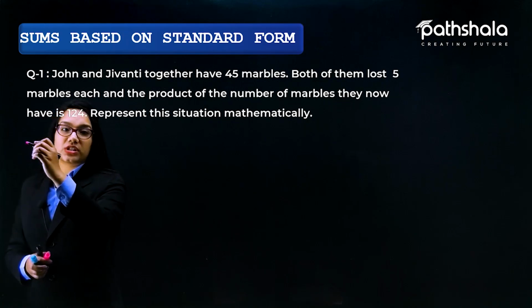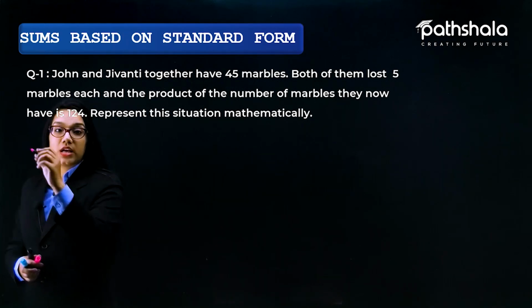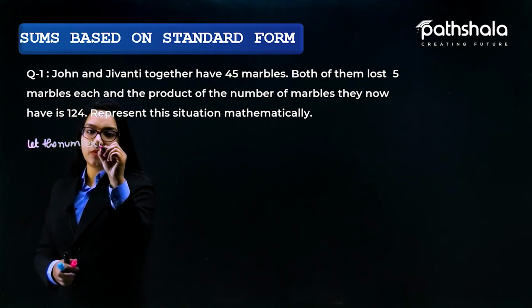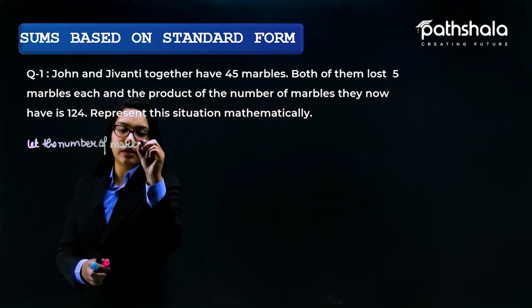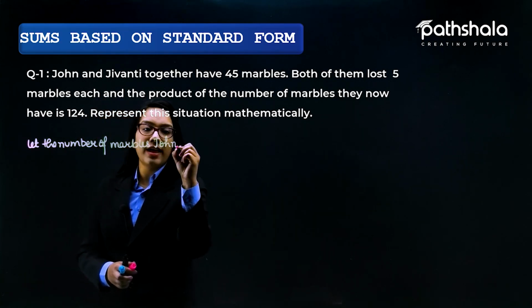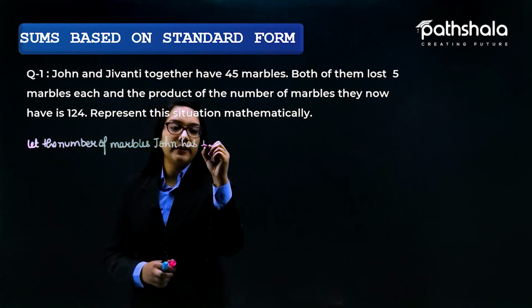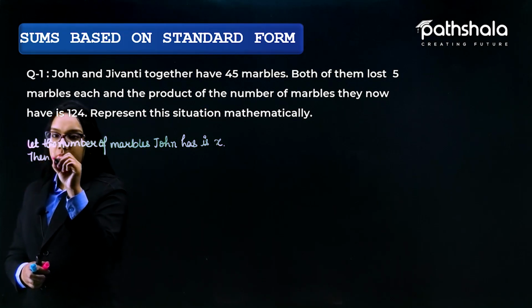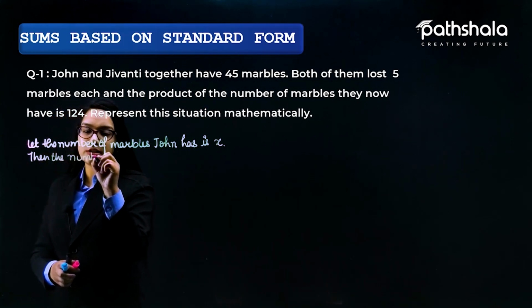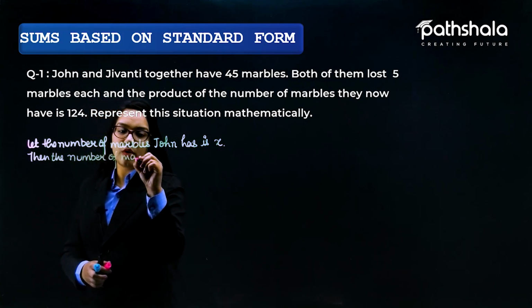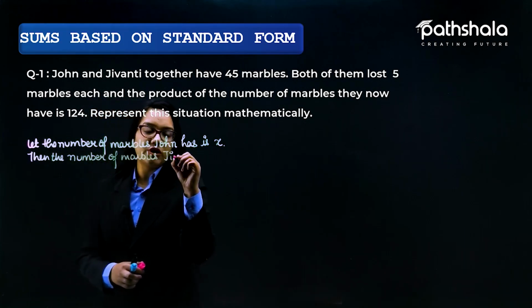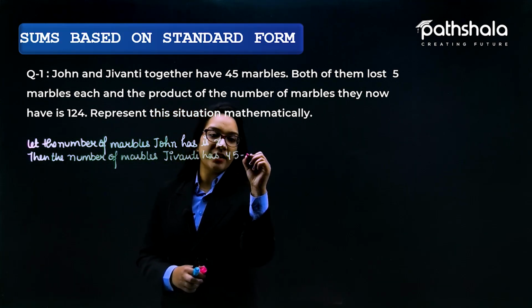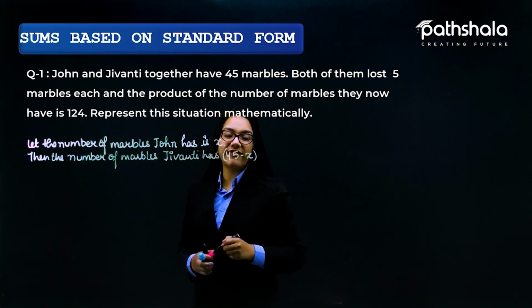So let us suppose we'll start with the number of marbles John has. Let the number of marbles John has be x, then the number of marbles Jivanti has will be 45 minus x.